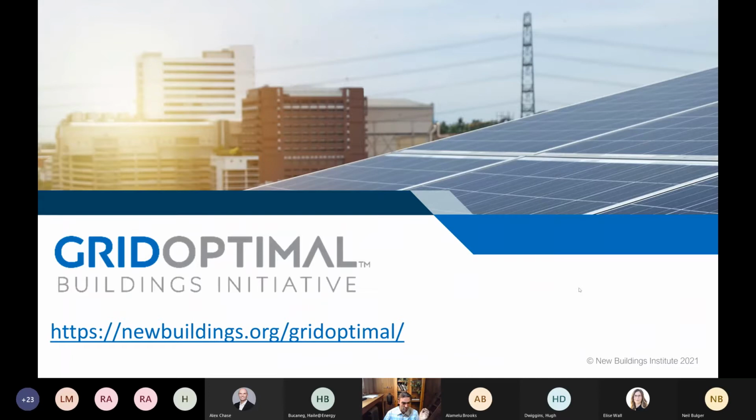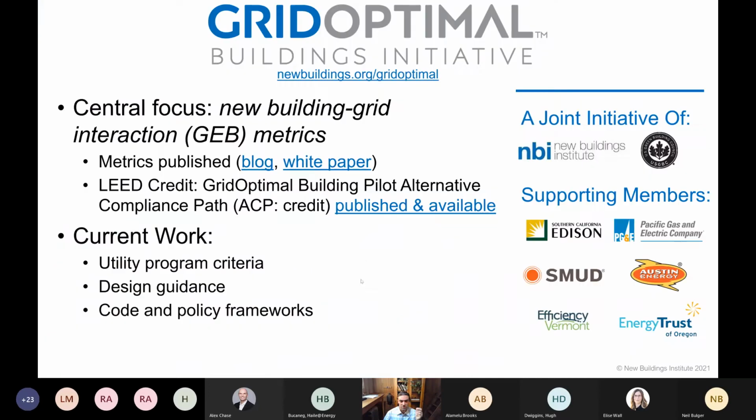That brings us to the GridOptimal Buildings Initiative. The idea, the central focus of GridOptimal has been to create new metrics to measure the quality of interactions between buildings and the grid, so across the meter.